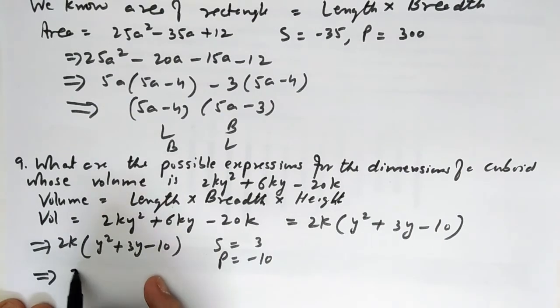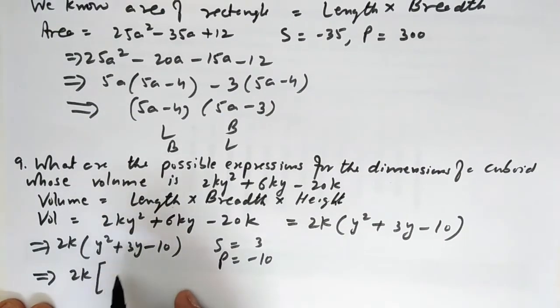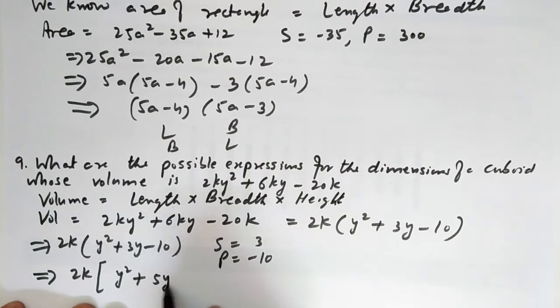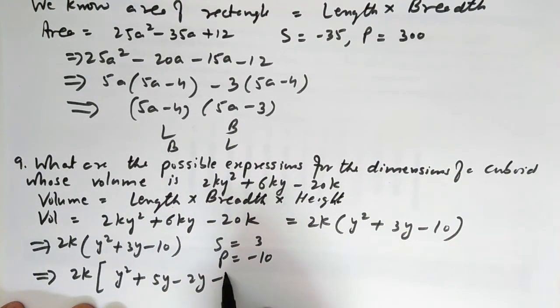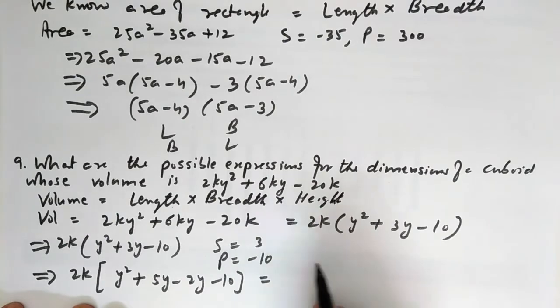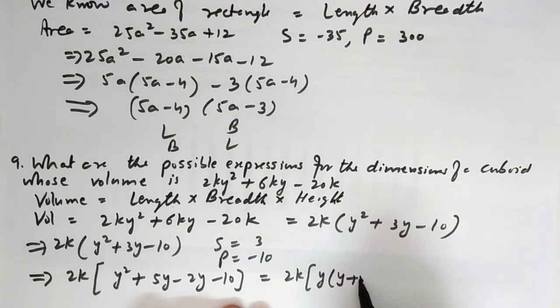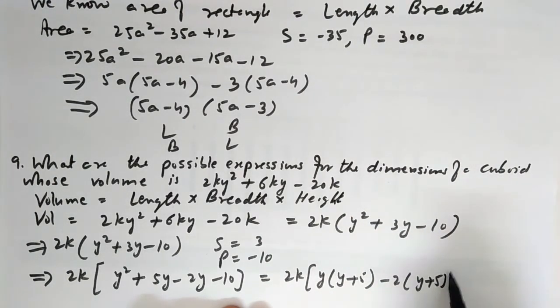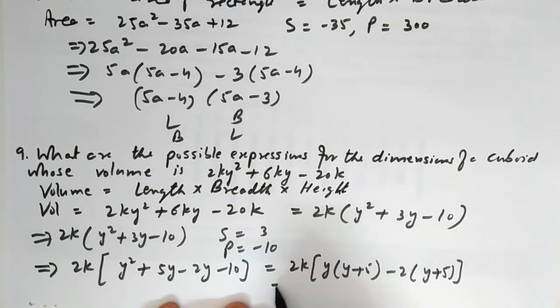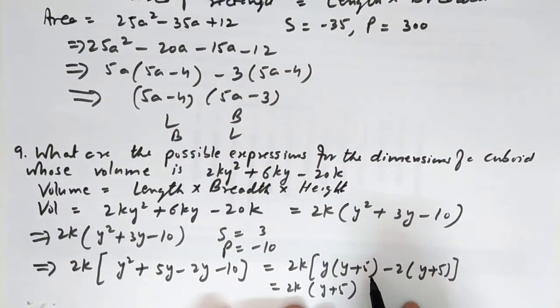So you can write this as 2k as it is, y square plus 5y minus 2y minus 10. It is 2k, y common, y plus 5, minus 2 common, y plus 5. 2k, y plus 5 and y minus 2.